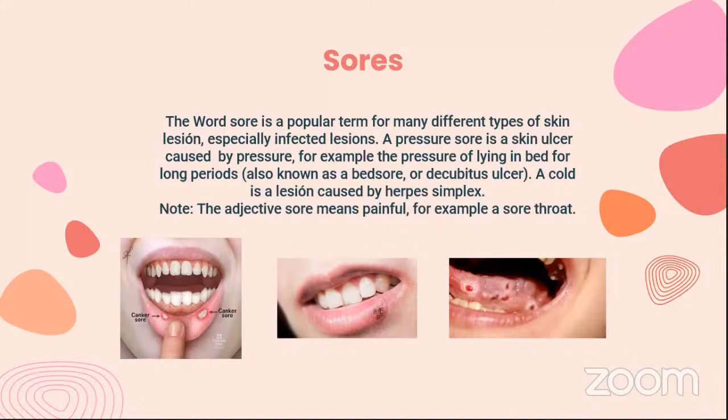A pressure sore is a skin ulcer caused by pressure, for example, the pressure of lying in bed for long periods, also known as a bed sore or decubitus ulcer. A cold sore is a lesion caused by herpes simplex. Note: the adjective sore means painful, for example, a sore throat.